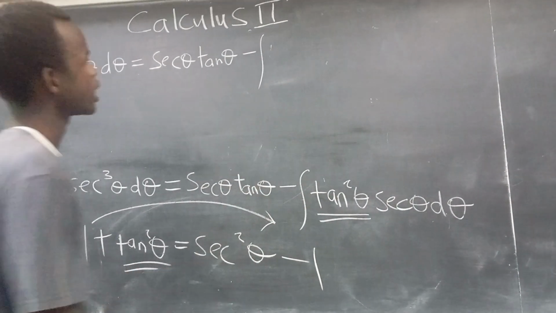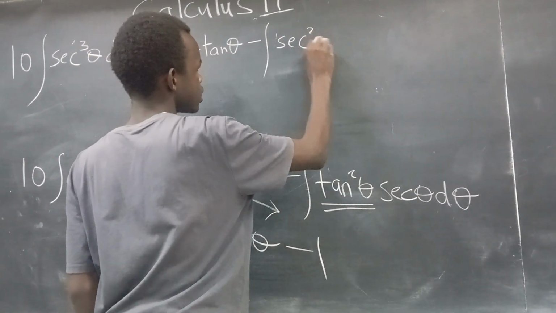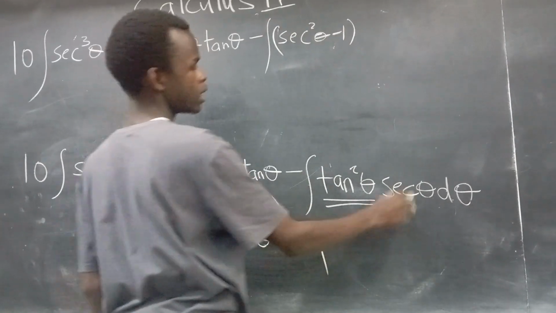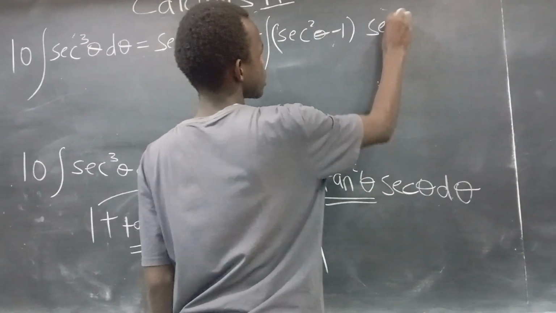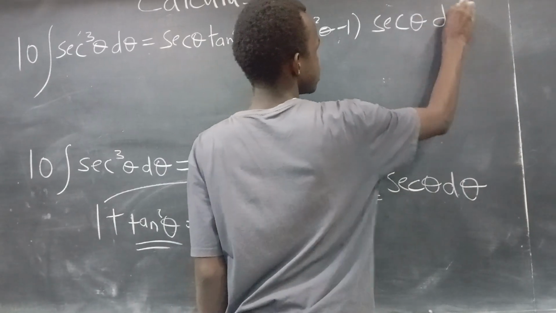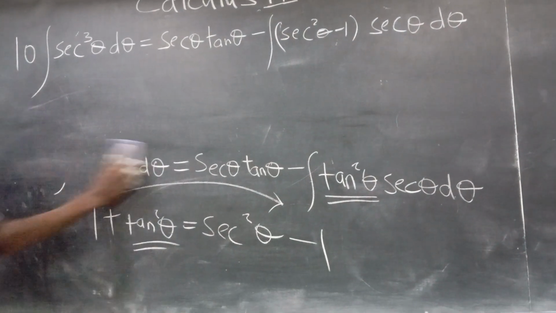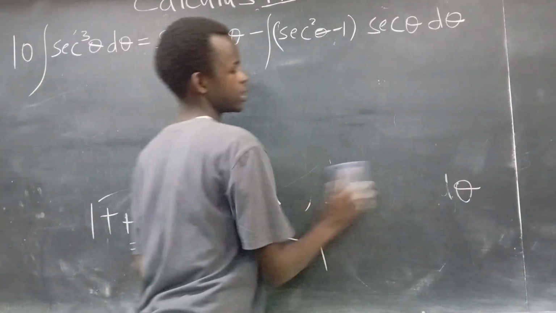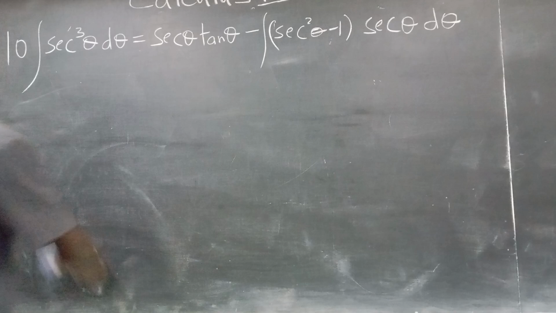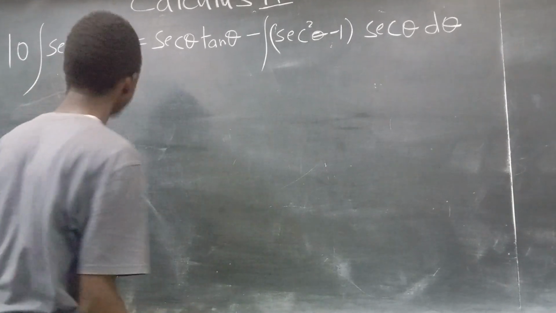I'll replace it with that, secant squared of theta minus 1, that's our tangent squared, multiplied by our secant theta d theta. Okay? So that's what we have at hand. As you can see, the integral is long, but it's worth doing.